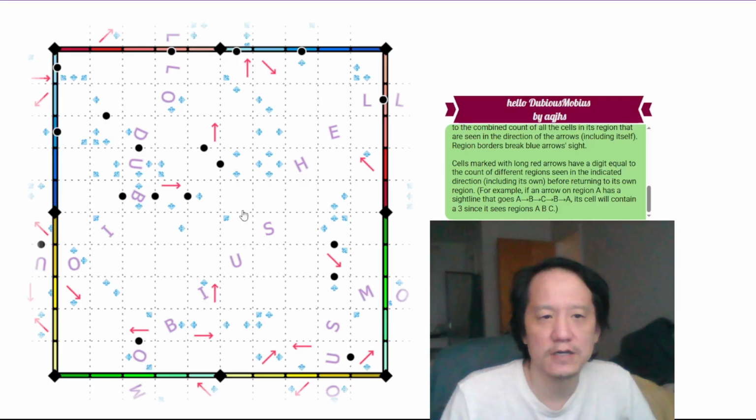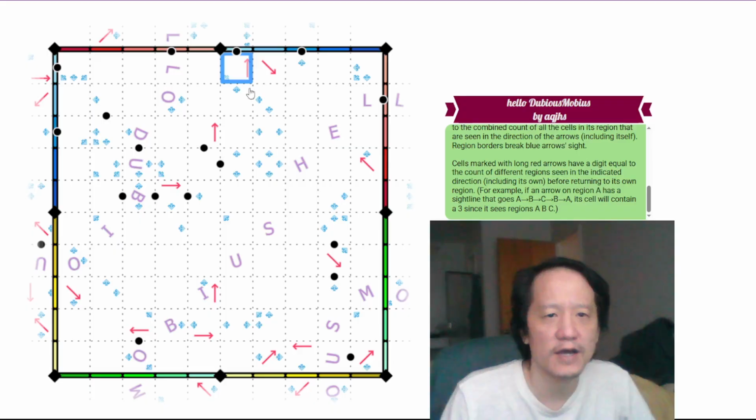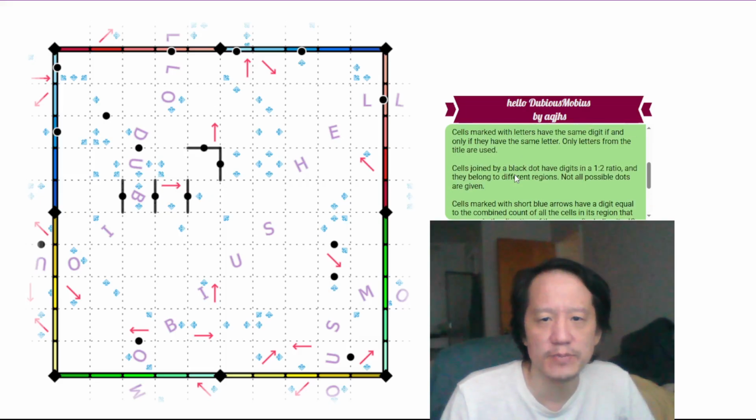Let's go. Okay, so all the arrow ones must be 1 at least. Also, these are in 1 to 2 ratios. And, okay, so all the borders are definitely black Kropke dots separate cells that belong to different regions.